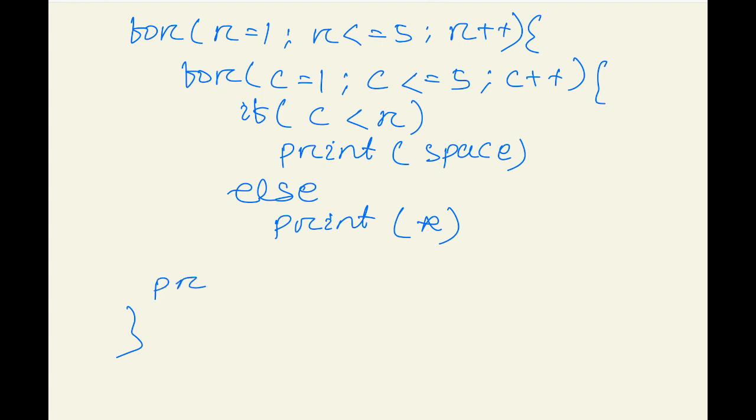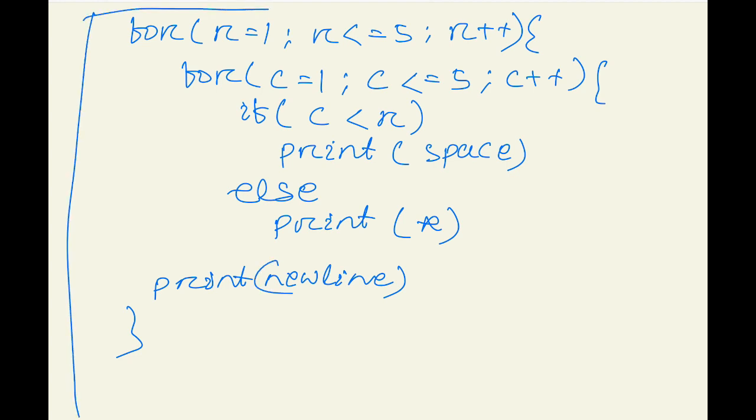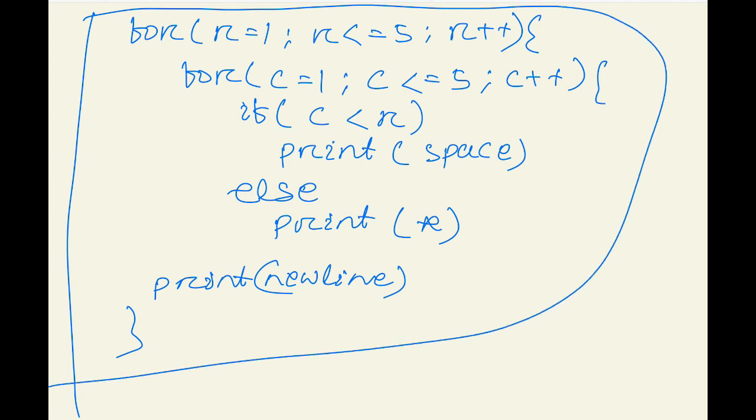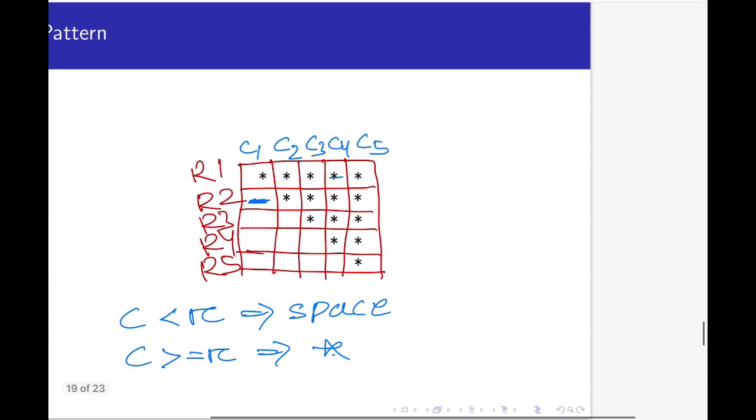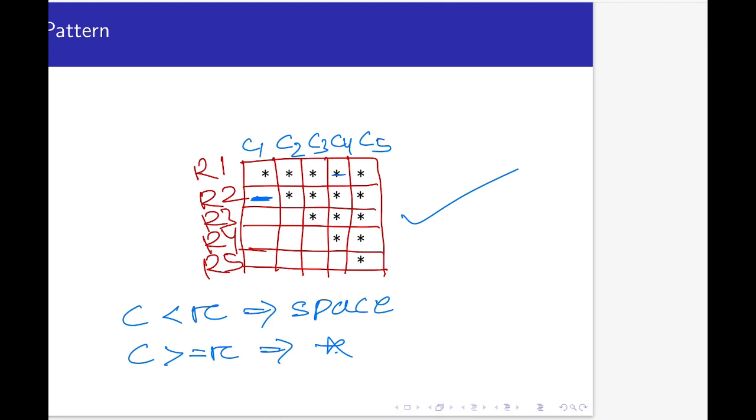Then here print new line. Okay, so this is the code snippet to draw this figure using a loop, or to display this figure.